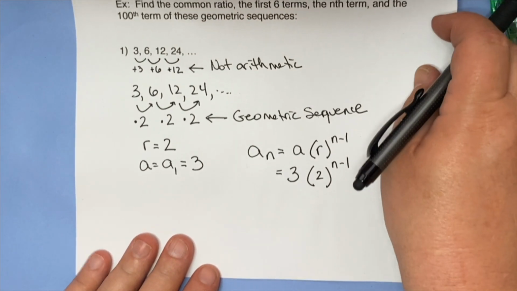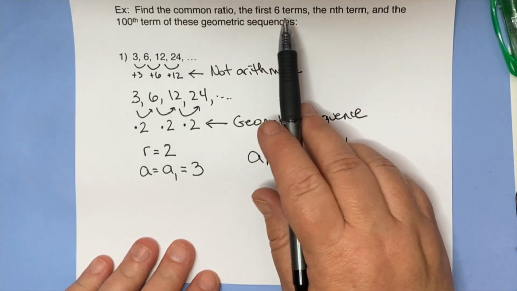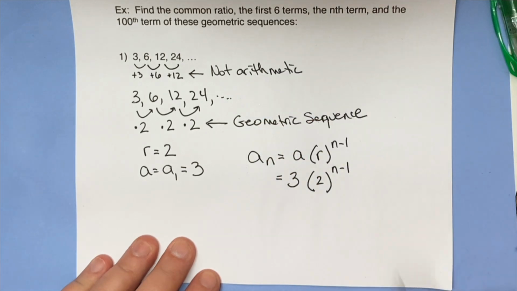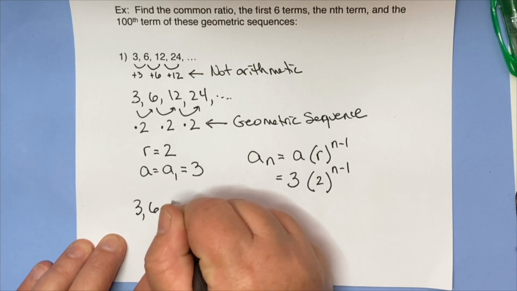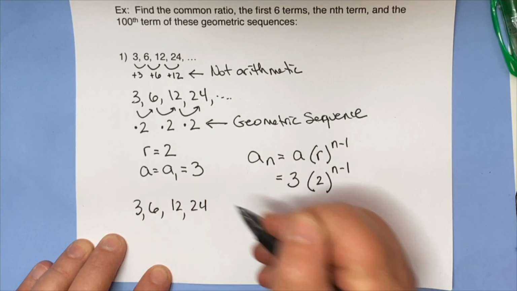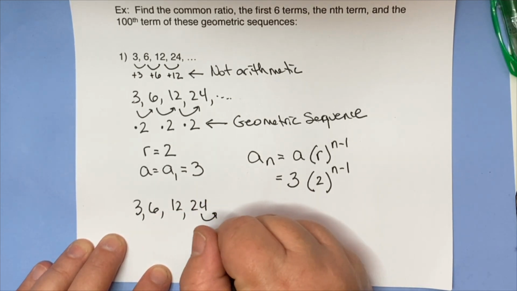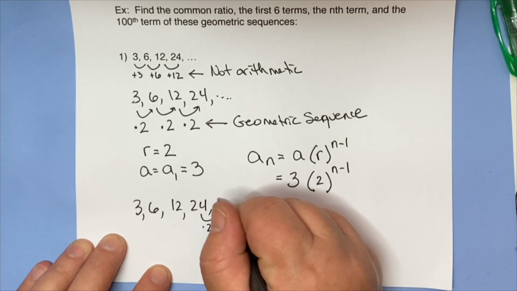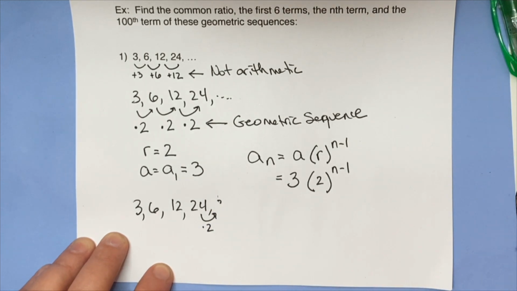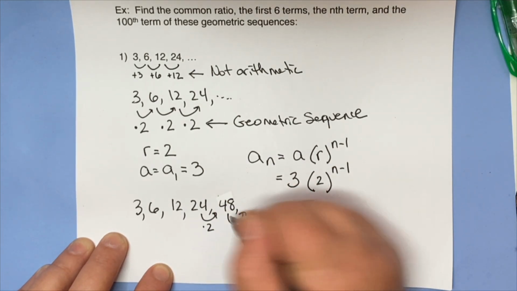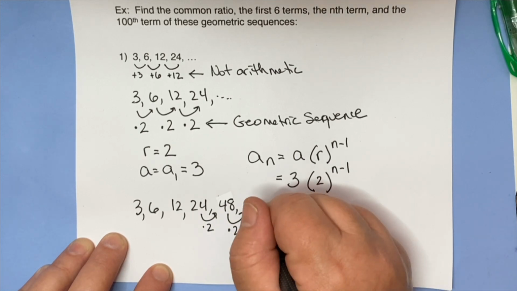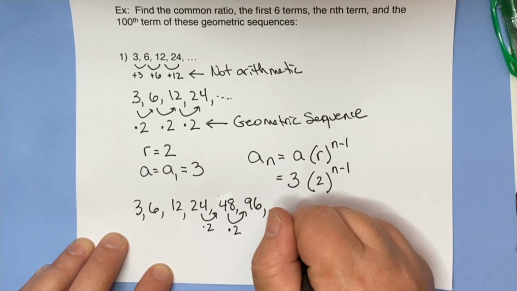And then it says we should find the first 6 terms, the nth term. Here's the nth term. The first 6 terms: 3, 6, 12, 24, and to keep going, multiply by 2, then I get to 48, and then I'm going to go again, multiply by 2, and I get to 96.